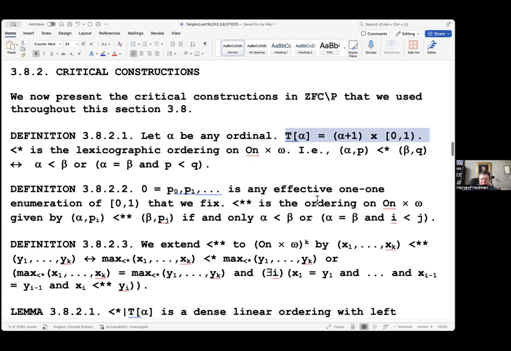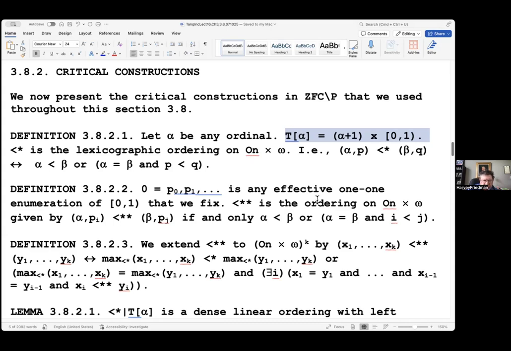We also need to fix forever an effective 1-1 enumeration of the rational numbers from 0 to 1. It doesn't make any difference which one. It has to be 1-to-1, and it has to start with 0. That's fixed. We use that to create a well ordering, because less than star is a dense linear ordering, and less than double star is a well ordering.